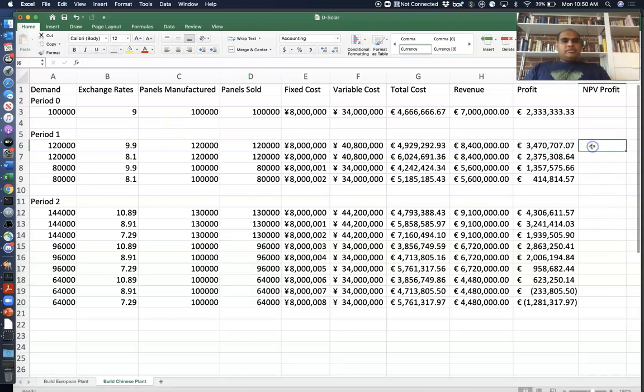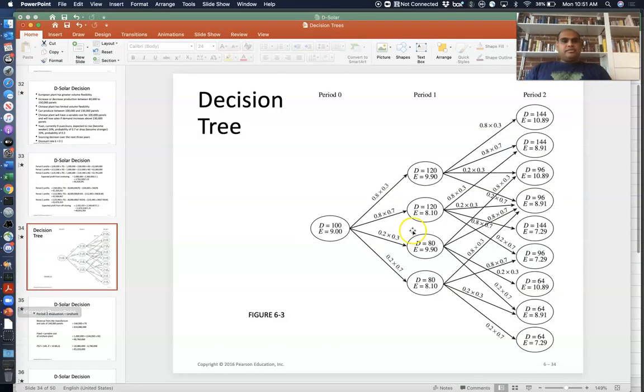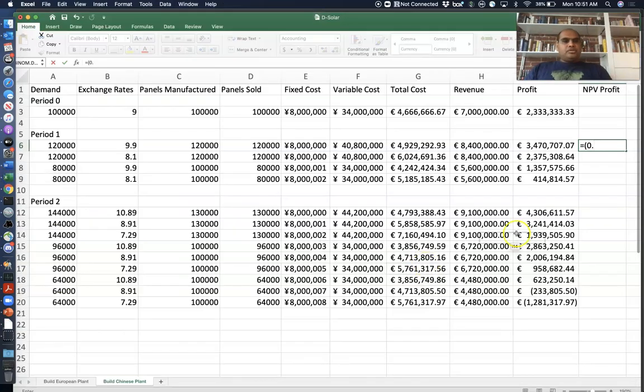So when calculating the net present value here, there is a probability, which maybe I'll just write these numbers out. So it's 0.8 times 0.3, right? So there is an 80% chance that demand will go up times 30% chance that exchange rate weakens. That's the probability, 24%, 0.8 times 0.3, times that scenario.